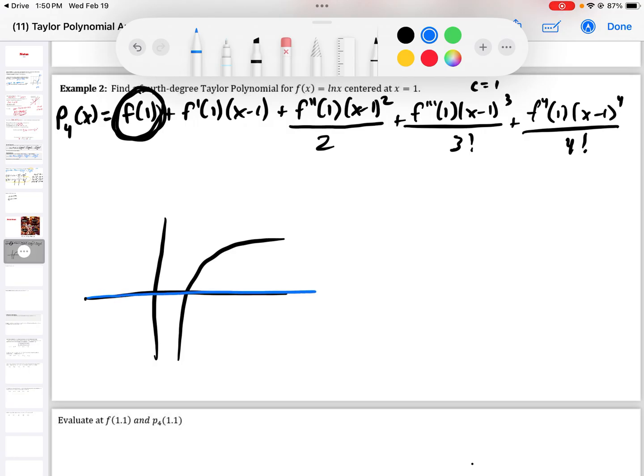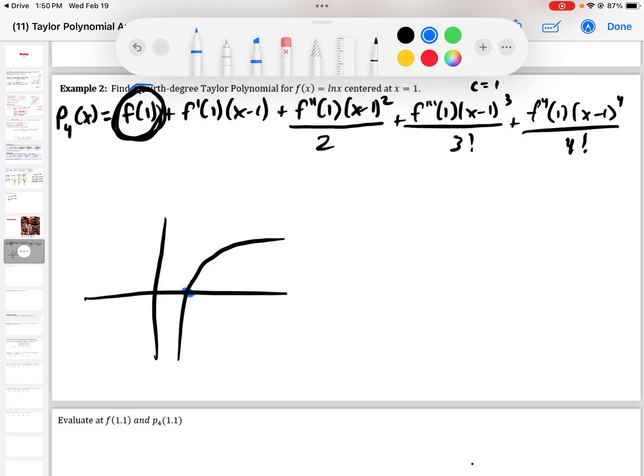Natural log of x is equal to 0 when x is 1. So if I just use this line, y is equal to 0 to approximate this function, it's really accurate right here when x is 1, but it's not accurate anywhere else.